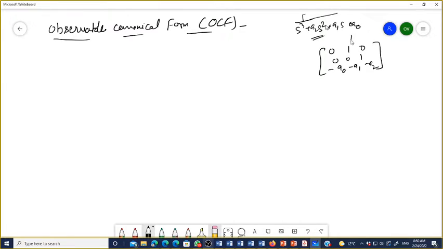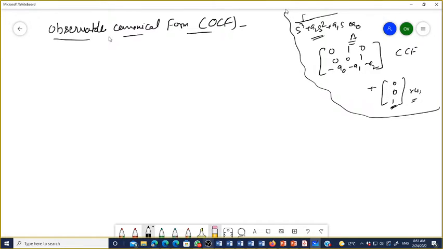This is the A matrix. The B matrix was prepared like this: 0 0 1, and r(t). These we discussed in the controllable canonical form.